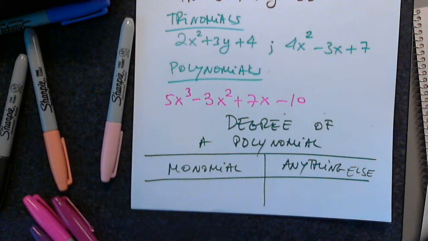The degree tells me a lot about it. If it's degree 1, then it would be a linear function. If it's degree 2, it will be a quadratic function. If it's degree 3, and so on and so forth, everything changes. The degree is the key.